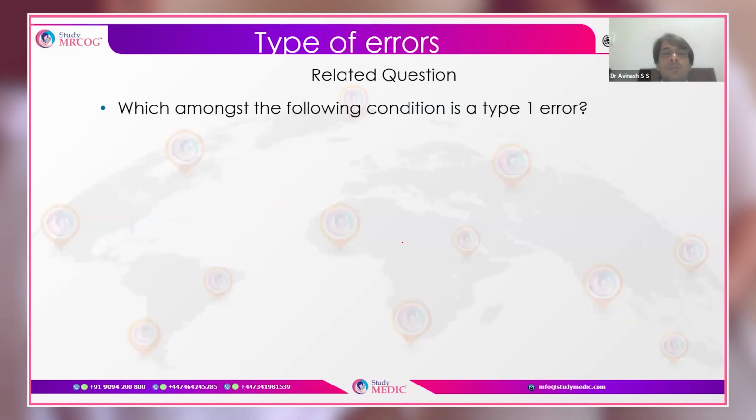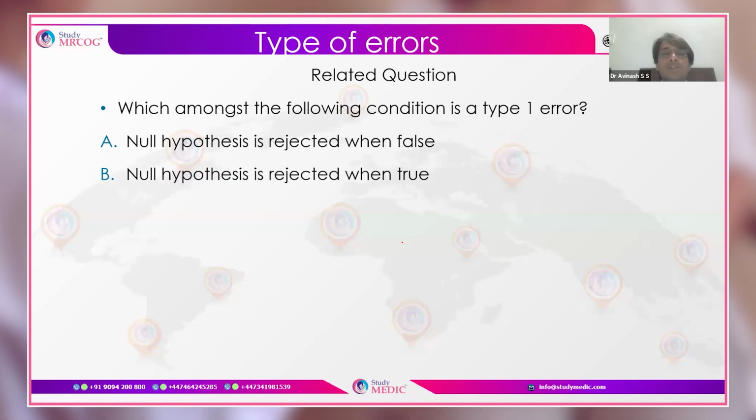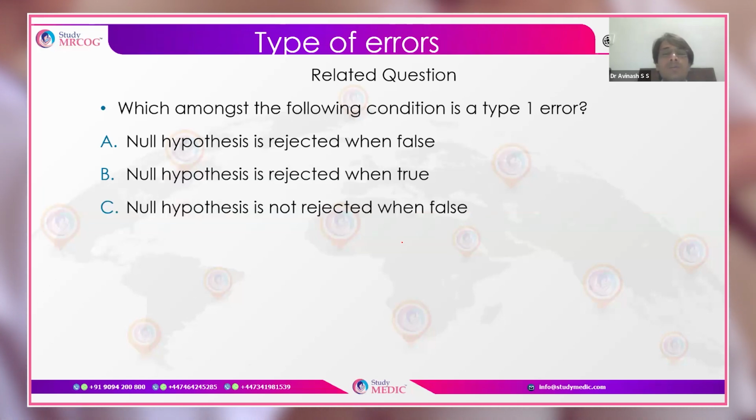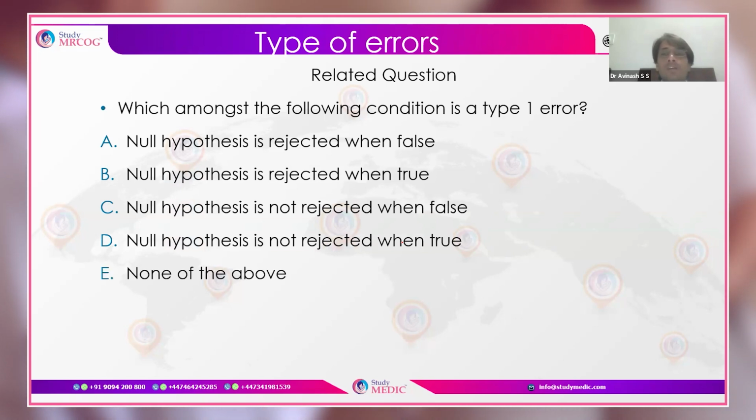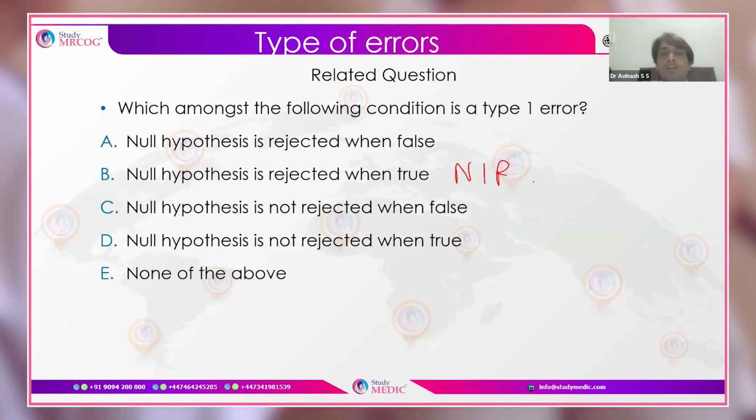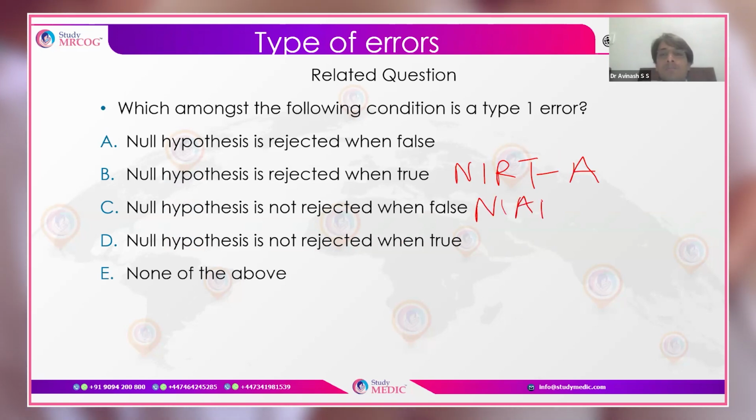Now another related question is, which amongst the following conditions is a type 1 error? Null hypothesis is rejected when false, null hypothesis is rejected when true, null hypothesis is not rejected when false, null hypothesis is not rejected when true, or none of the above. Okay, so null hypothesis is rejected when true is alpha error. Null hypothesis is not rejected, accepted when false is beta error.